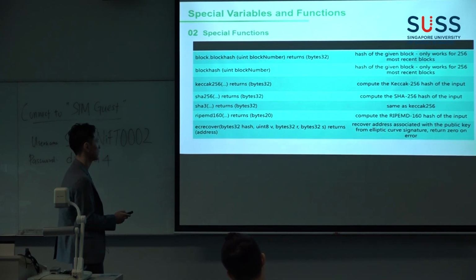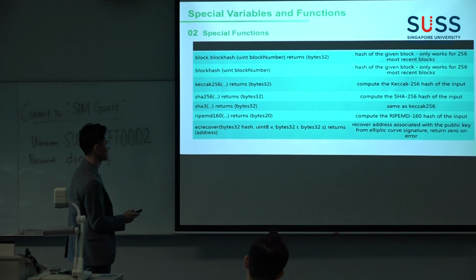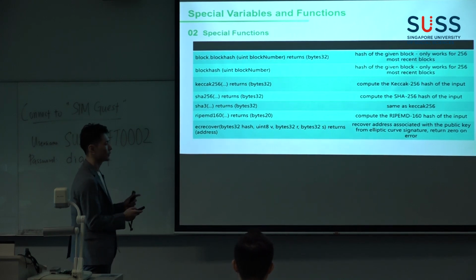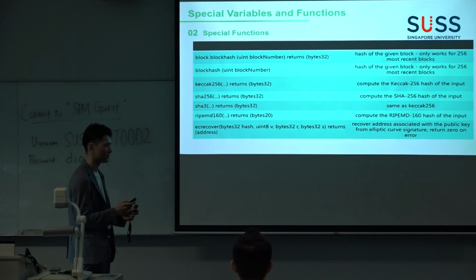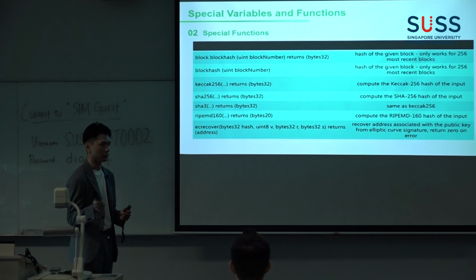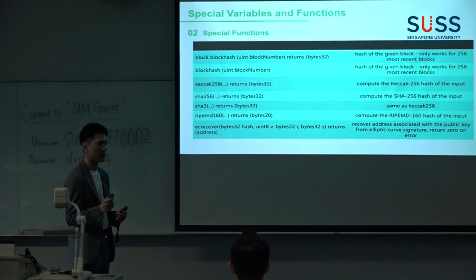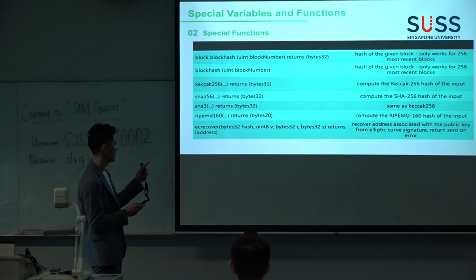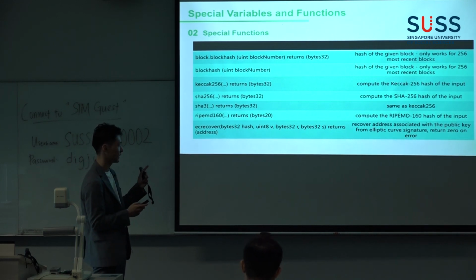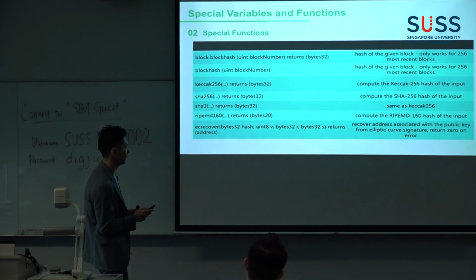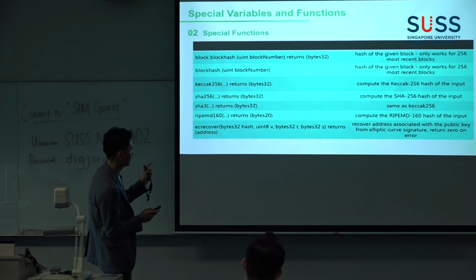The ecrecover function is a very interesting function. It fulfills many business logic needs. For example, you can use a signature to verify if the owner of the assets has approved spending power to another address. It takes in parameters bytes32 hash, which is the hash of the signed message, and a uint8 and two other values, v, r, and s.